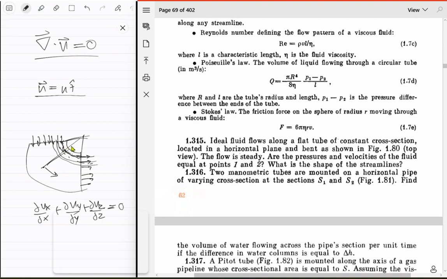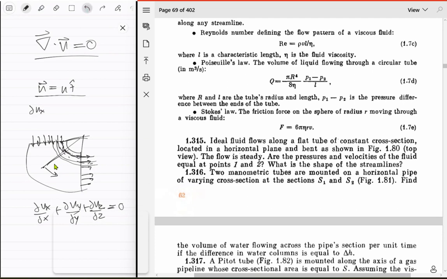Also the gradient. Okay, what was the thing? Ah, I'm just forgetting everything. The gradient can also be written using cylindrical coordinates, if I remember correctly. In the divergence, usually you just have partial ux upon partial x.